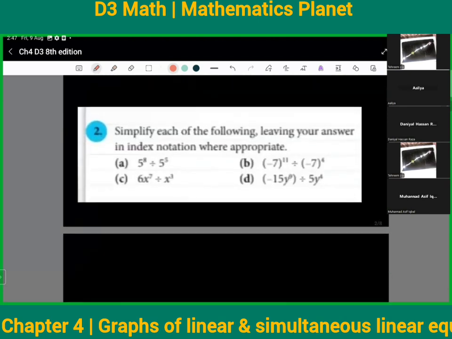Okay, now you people will keep on giving me the answers. First turn will be for Daniel, then Alia, and then Mohammed. So keep on doing your questions for your turn. Yes, Daniel. 5 to the power 3. Yes, Alia.